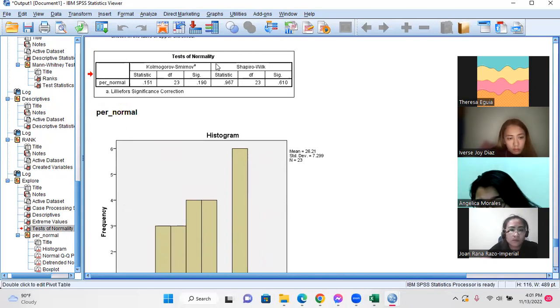So since na-normalize na siya, pwede na tayong gumamit ng independent t-test. So pwede tayong hindi gumamit ng Mann-Whitney U, kasi na-normalize na siya eh. Pero bibihira ang gumagamit nito.